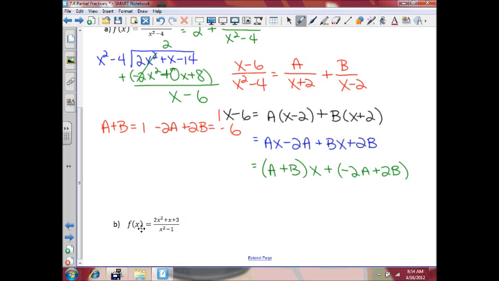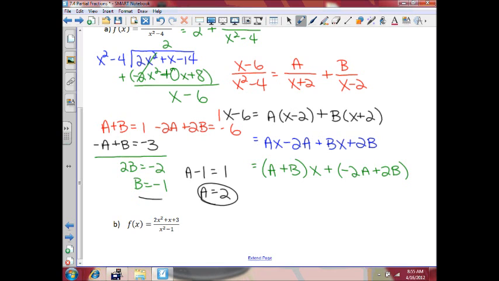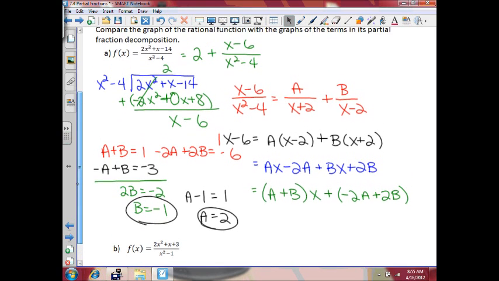We can simplify by dividing everything by 2, so negative A plus B equals negative 3. Then we can add the equations down. So we have 2B equal to negative 2, which means B equals negative 1. Putting B equals negative 1 into our first equation, A minus 1 equals 1, which means A equals 2. So A is 2, B is negative 1.